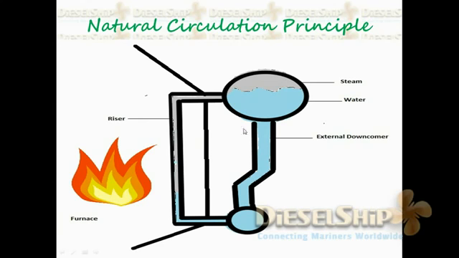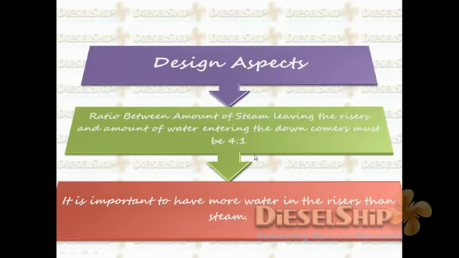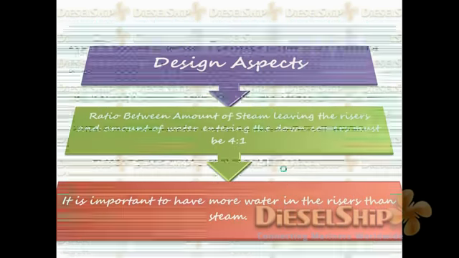The ratio between the amount of steam leaving the riser and the amount of water entering this downcomer must be approximately 4:1, and at no point must the riser tube be without water or be full of steam. It should always have water in it. If not, it will lead to burnout and finally the rupture of tubes. So this is the design aspect.